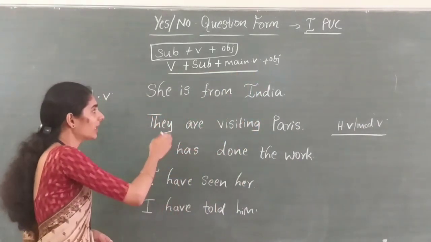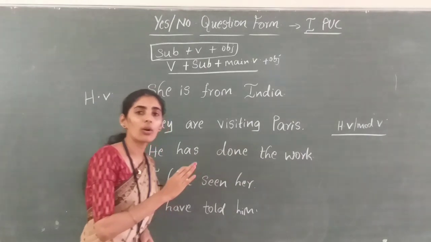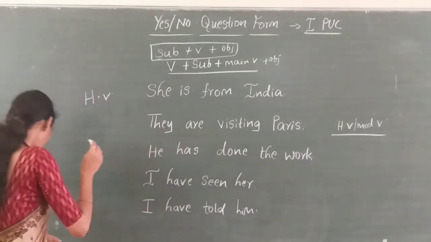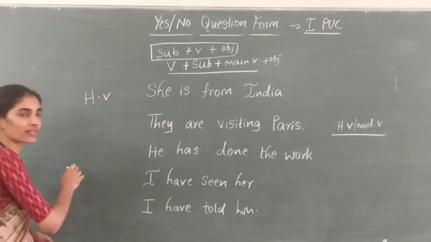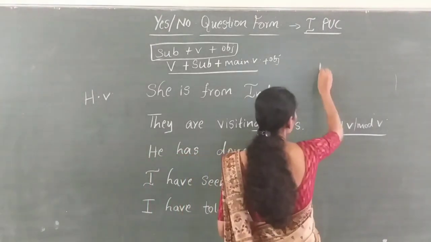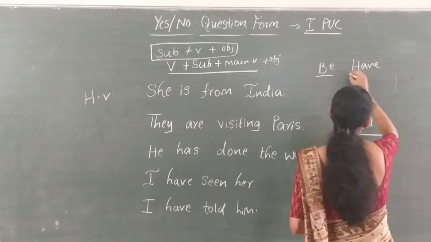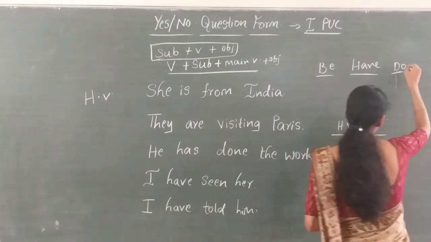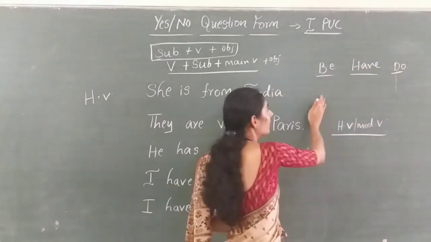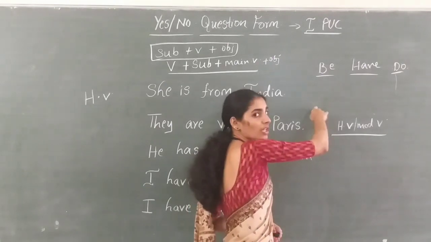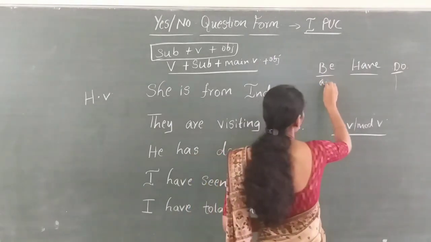As I said, here you need to remember all the helping verbs. So what are those primary helping verbs? Do you remember them? Be form, and then have form, and then do form. So as I said, these helping verbs are important for everything.